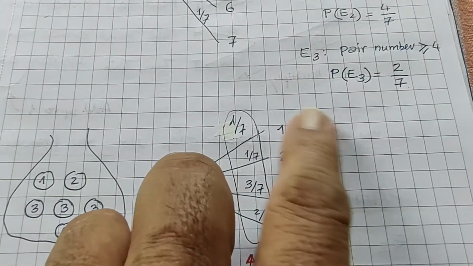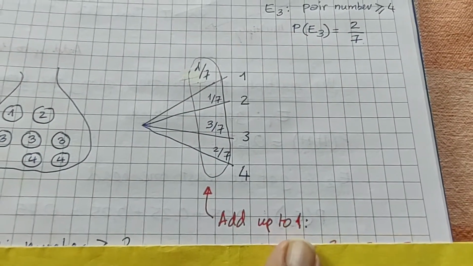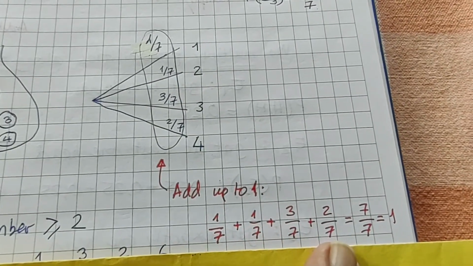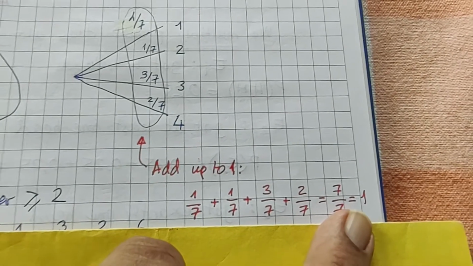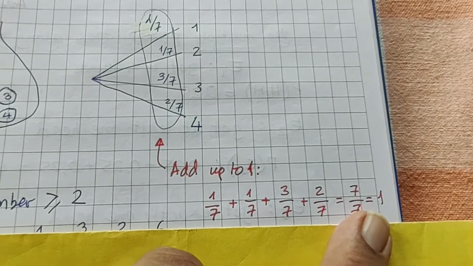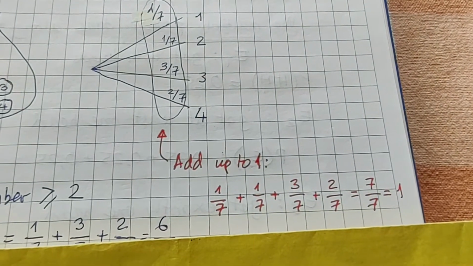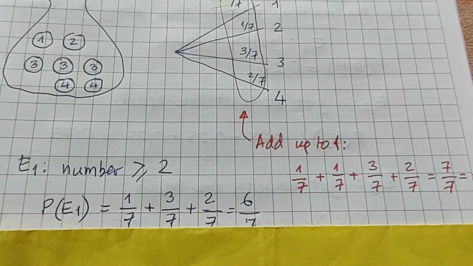And again, if you add up all these probabilities, they will add up to 1. You can see 1/7 plus 1/7 plus 3/7 plus 2/7 is equal to 7/7 is equal to 1. If I'm going too fast, you can slow me down when you're watching on YouTube, or you can even pause and rewind. I'm just reminding you, you know that, of course.